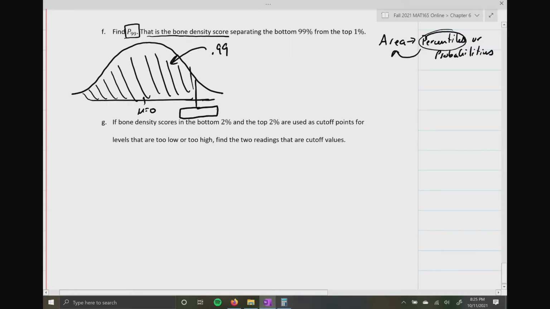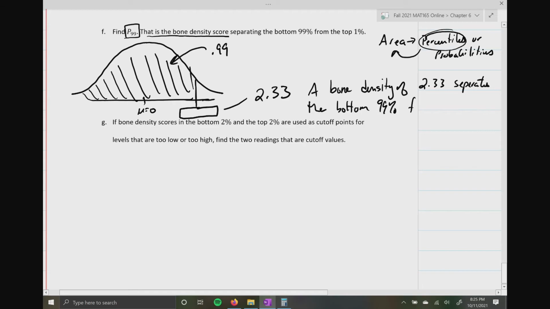So this z-score is 2.33, which means a bone density score. Actually, instead of just saying it, I'll write it: a bone density of 2.33 separates the bottom 99% from the top 1%. Okay?